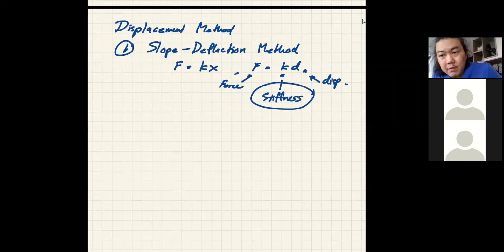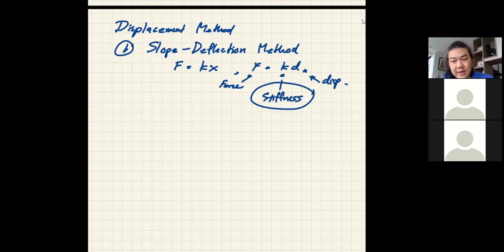Now you may recall that in the previous classes, like structural analysis number 1 in the beginning, or in the mechanics of materials, or in the statics, nobody has mentioned much about stiffness, because when you are dealing with the determinate structure, the force balances itself out in the equilibrium fashion.